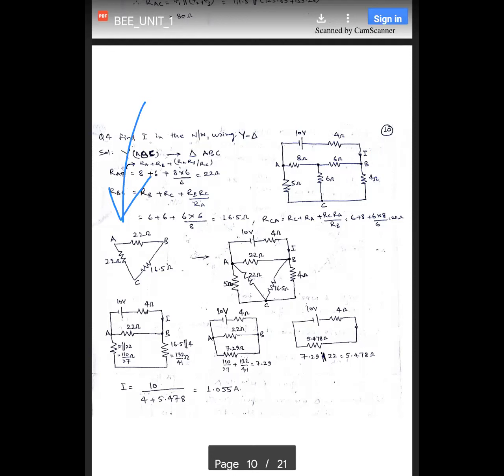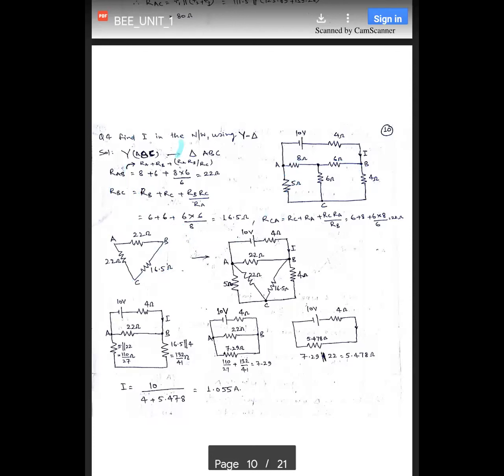So we get this delta, and this delta is just picked and placed in the circuit which was given earlier. The only difference is that now the star is converted into delta, and each delta branch has the resistance shown here.